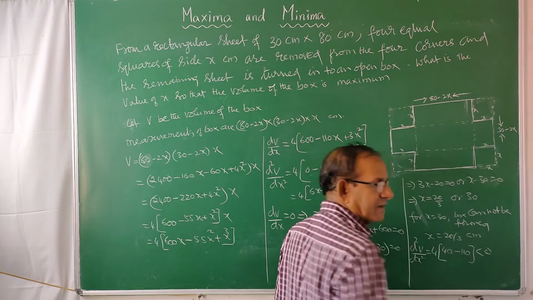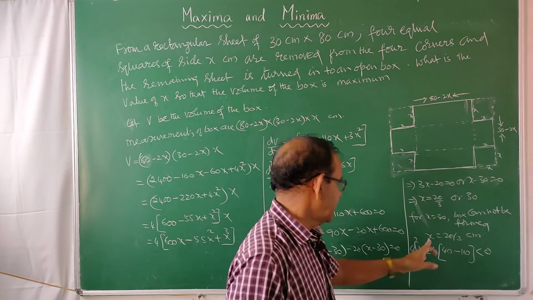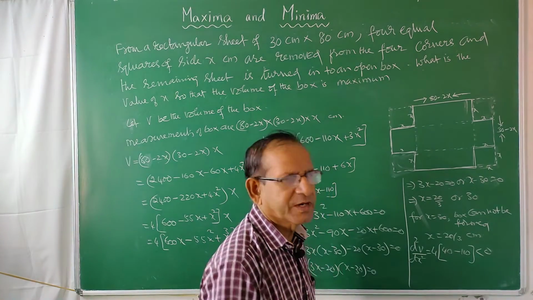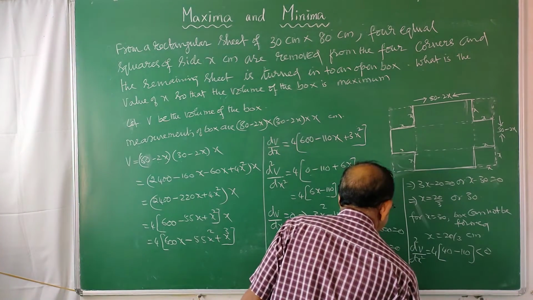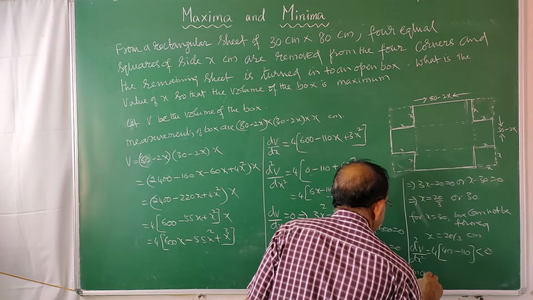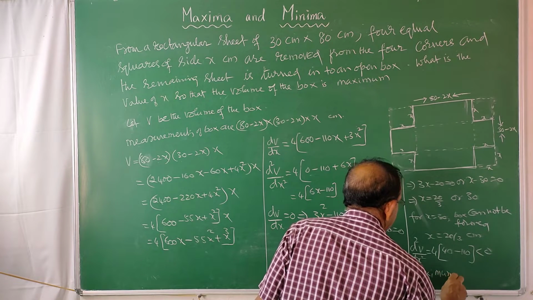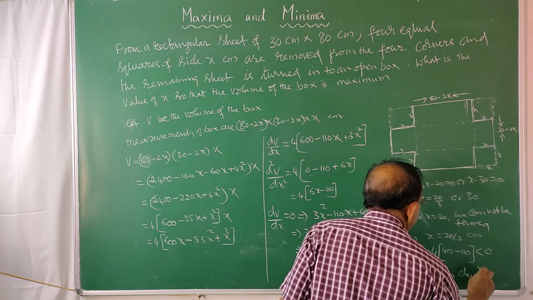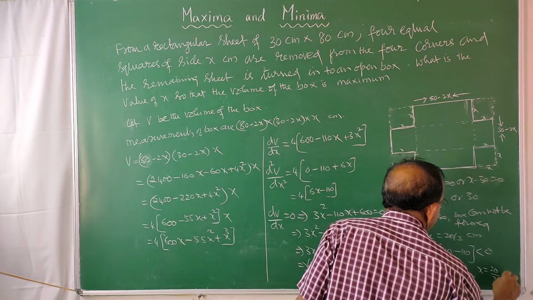You will get a negative value. So V is maximum when x is equal to 20 by 3 centimeters. Therefore, V is maximum when x is equal to 20 by 3 centimeters.